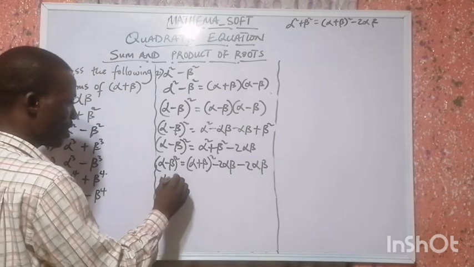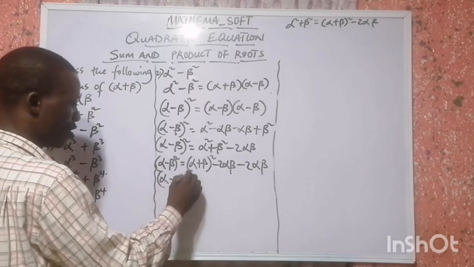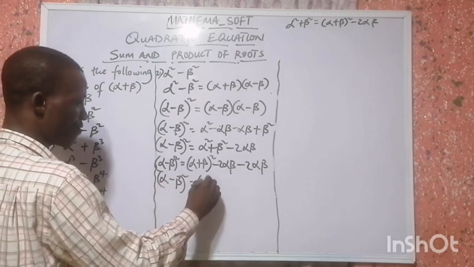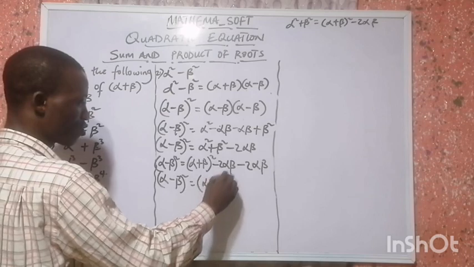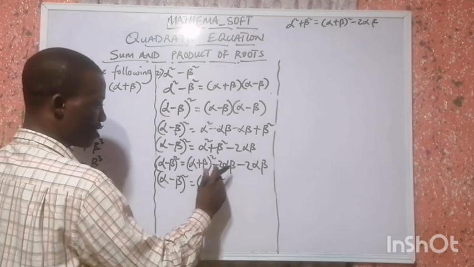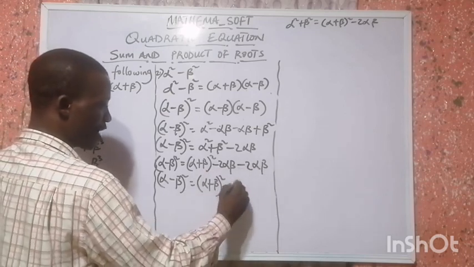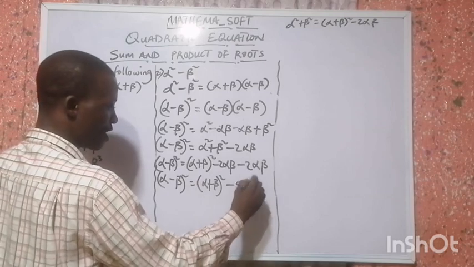Since they are of the same term, that will be alpha minus beta all squared equals alpha plus beta squared minus 4 alpha beta.